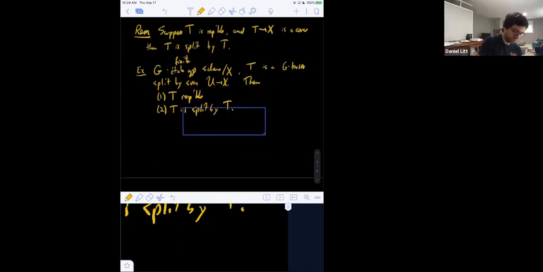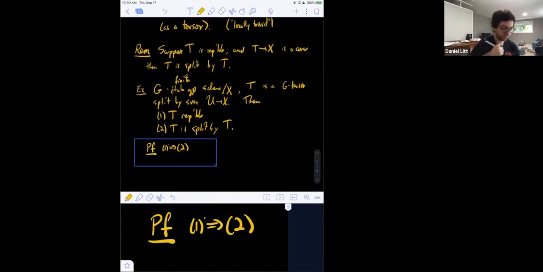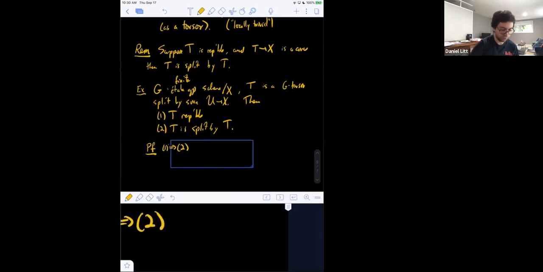So let's actually prove this. First of all, I claim 1 implies 2. Can anyone explain why? Yeah, Ben writes in chat, well, T times itself is trivial. That was exactly the remark up here. So in order to verify 2, all we need to do is verify that T is actually a cover of X if it's representable.